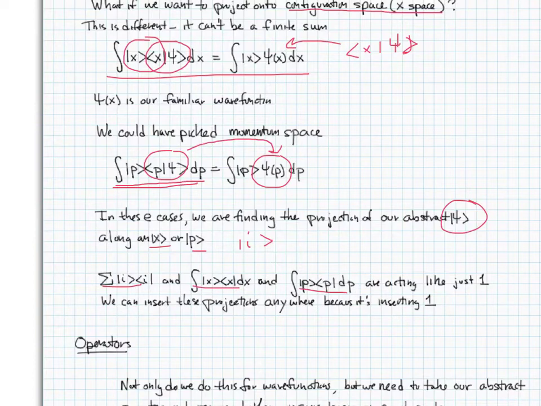In fact, what you're really doing when you sum over these bases is that these sums and integrals are really just acting like one. And when we do this sum, or this integral, we're really doing what's called inserting a complete set of states. So it's like summing over all coordinates.